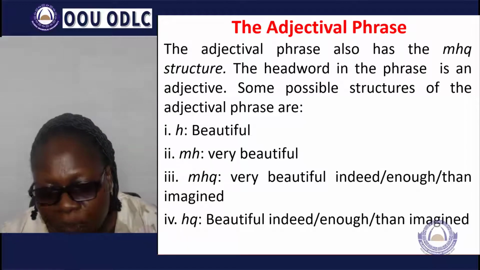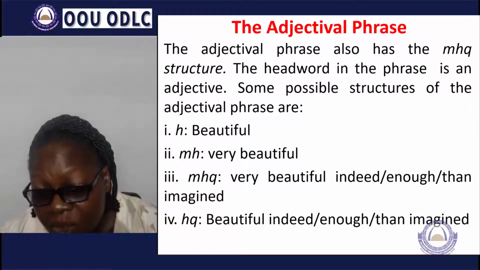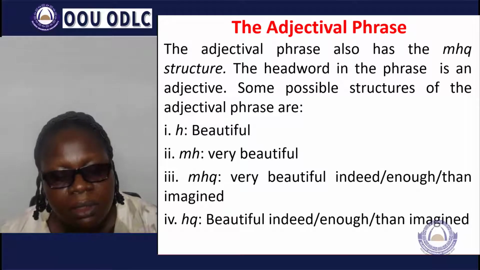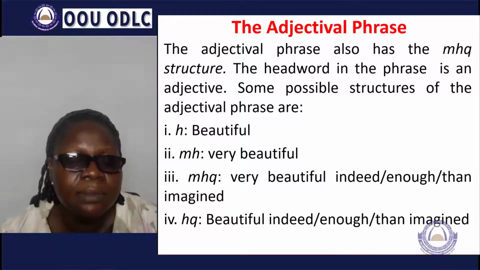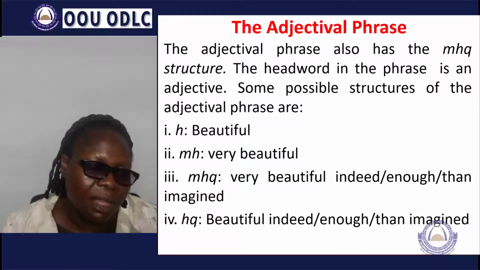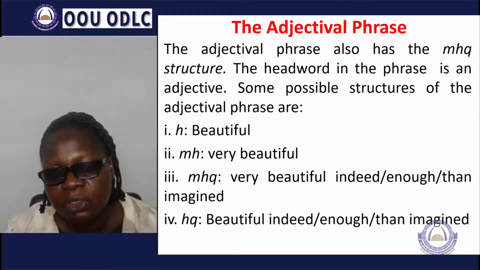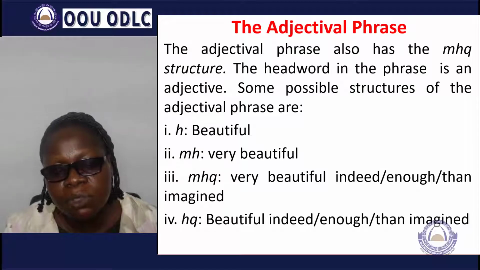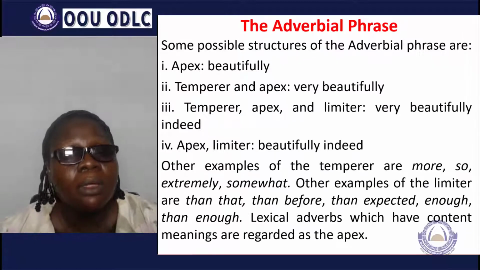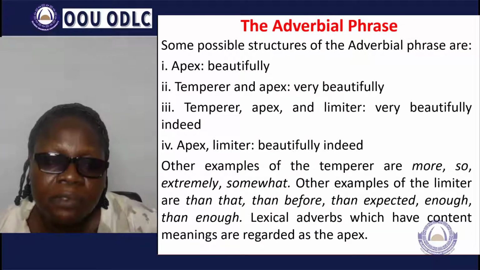Remember that the word beautiful is an adjective, and that is why it is an adjectival phrase. And then the word indeed is a qualifier used after the adjective to give further information. She is beautiful indeed.